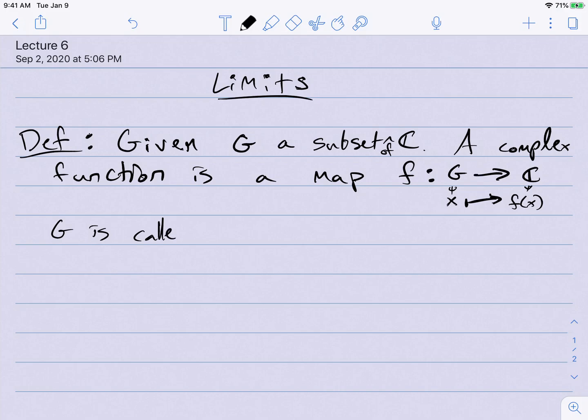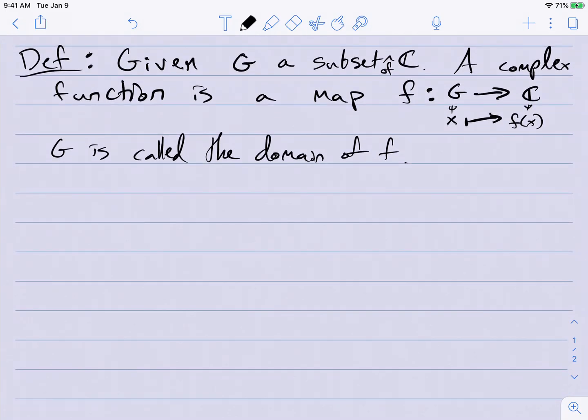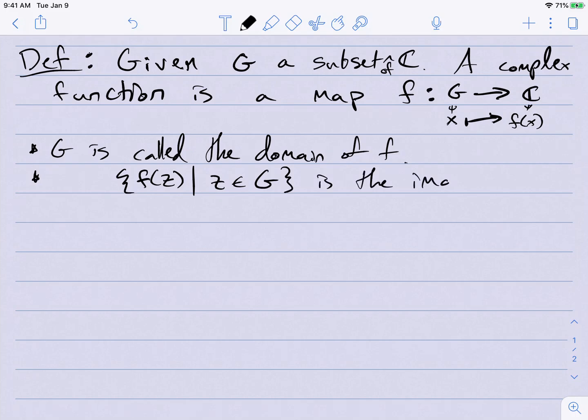G is called the domain of f. And we also sometimes want to consider where does f go? What are all the points that it lands on? So the set of points f of z for all z inside of G is called the image of f.